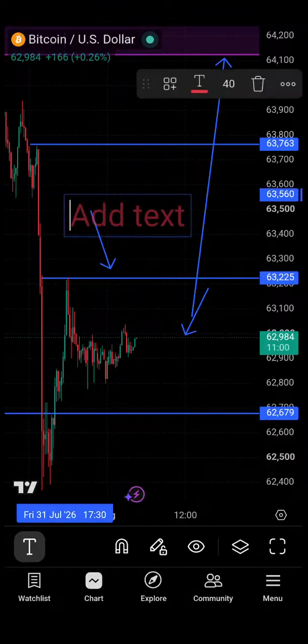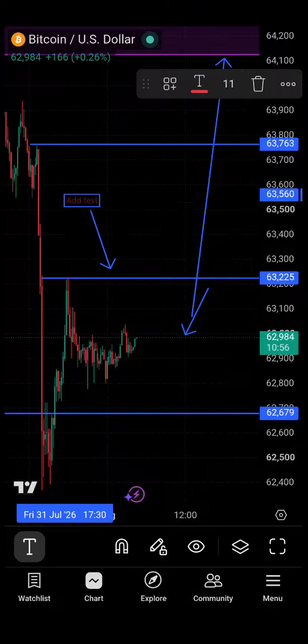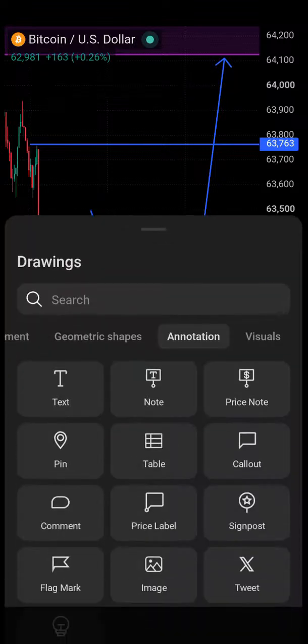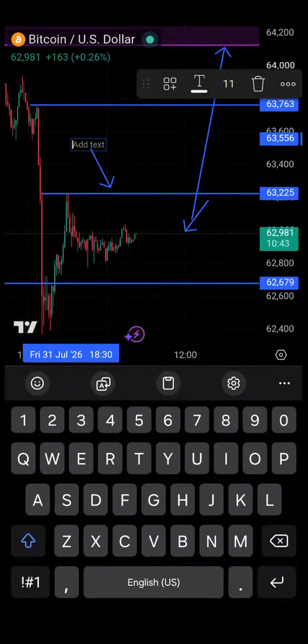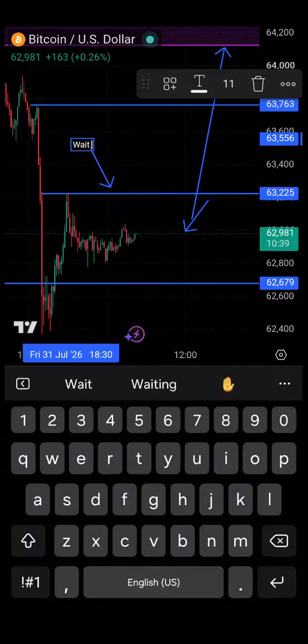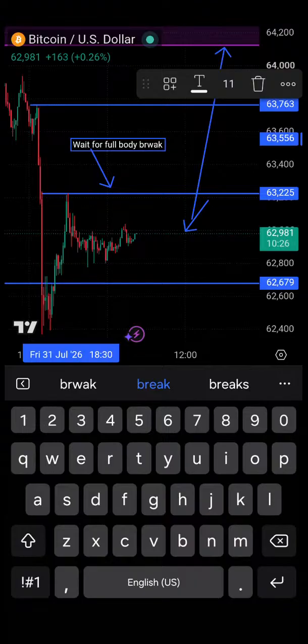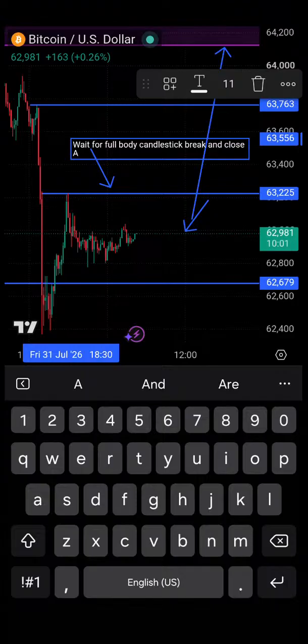Wait for the break, full body candle, break and close above.